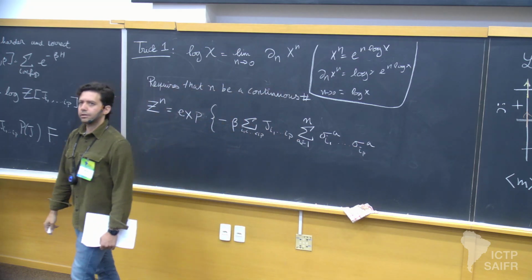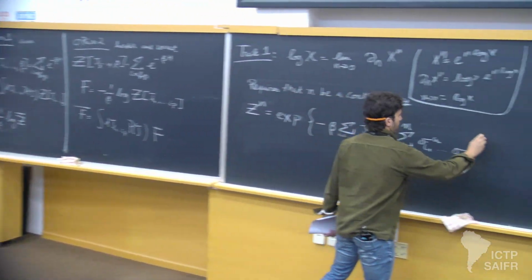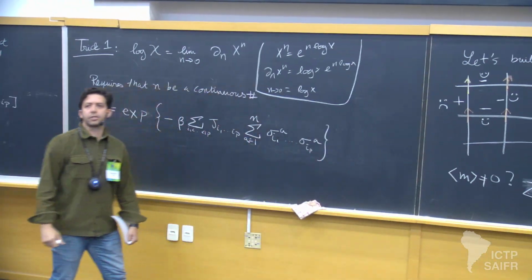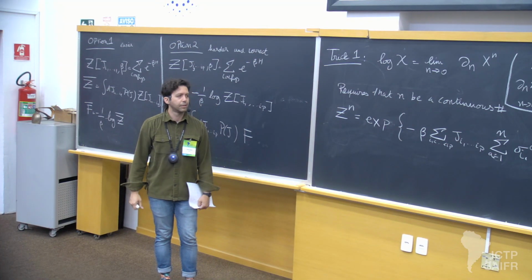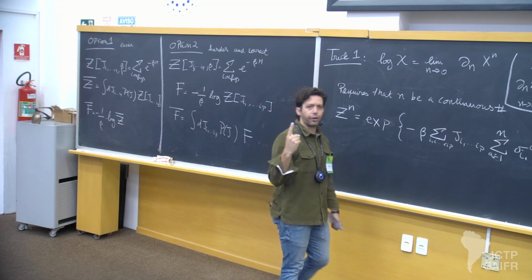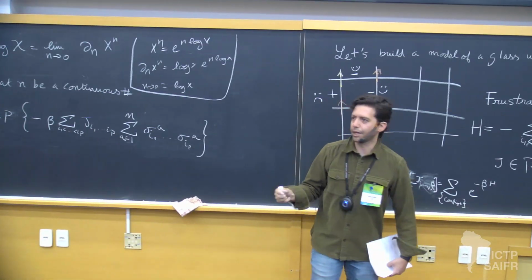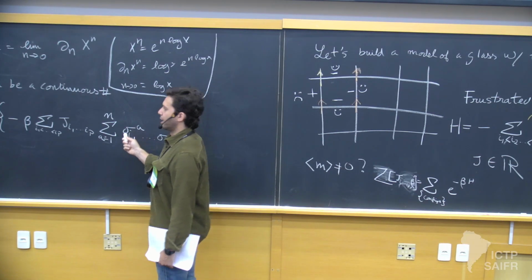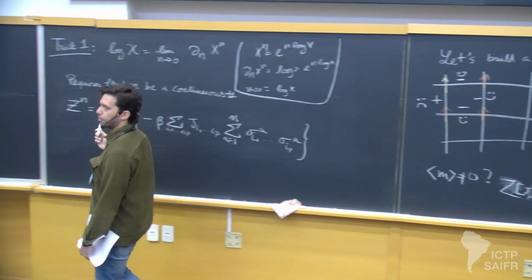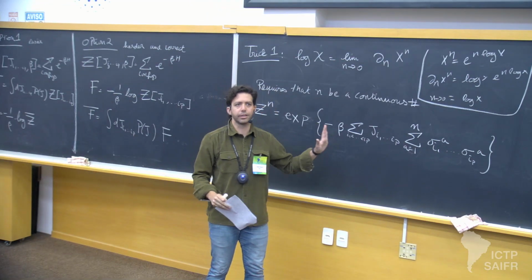So all I've done is that I've written z to the power n in a kind of stupid way that's only valid for n being an integer, which is that I replicate my system n times, and then I just compute the partition function to the power n. It's just n replicas.